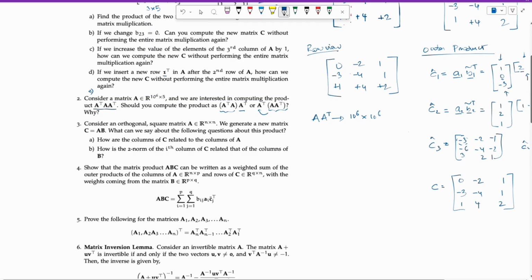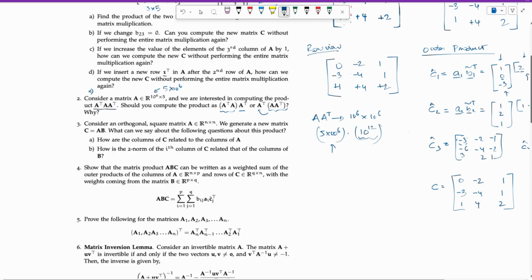How many elements does a 2 cross 3 matrix have? 6. How many does this have? Fine. And then you have to multiply this with this, which has 5 million. So you have to keep track of 10 power 12 elements and then multiply it with this. That's the A matrix.